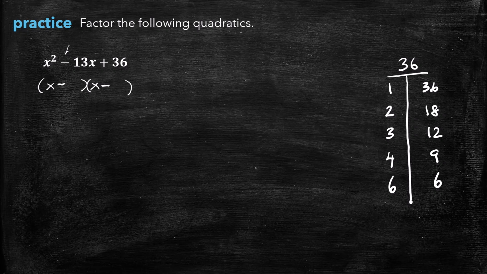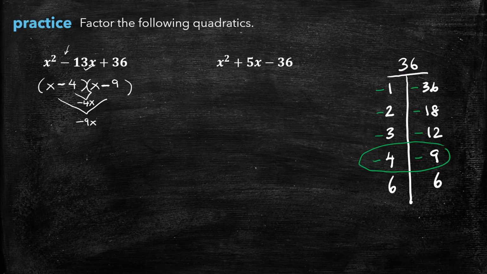Both terms will have to be negative in order to give a positive 36. And now I have to find the terms that add to negative 13, and here we are. Looks like negative 4 and negative 9. So x minus 4, x minus 9 should work, and you can check the outer and inner terms to make sure that it does. Yes, they add to 13x.